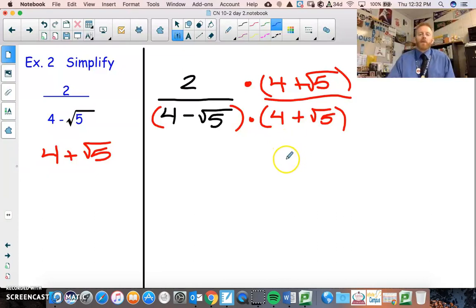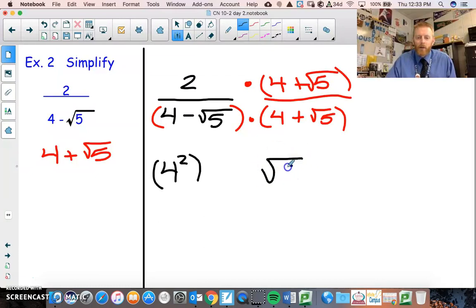Now if you remember back to chapter 7 or 8, somewhere in there, where we had things that were multiplied together and they were exact opposites for the second part, this was called a difference of squares. So if I were to FOIL, my first times first gets me 4 to the second power. My last times last gets me the square root of 5 to the second power.